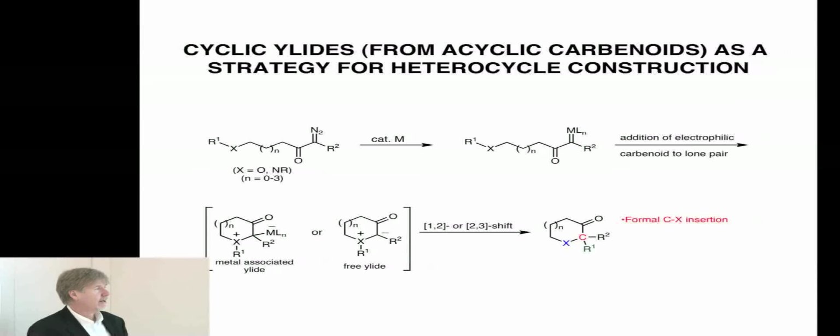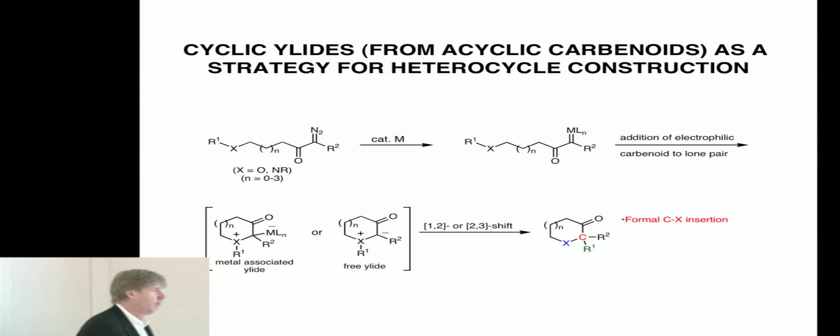Now finally, let's take stock of what has happened. So we began with this acyclic compound. The former diazocarbon is now inserted in between R1 and X. So this red carbon used to be this one, and R1 and X remain attached to it, but not to each other. So it's as if we've done a CX insertion reaction, though certainly not by a direct insertion, rather by a stepwise process.